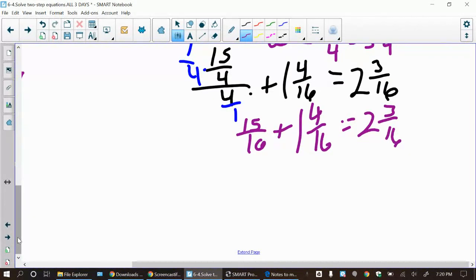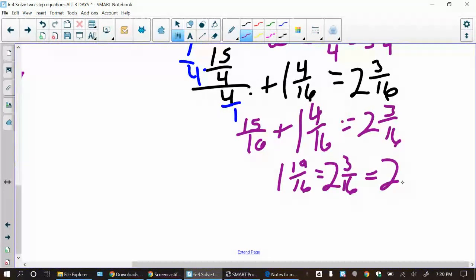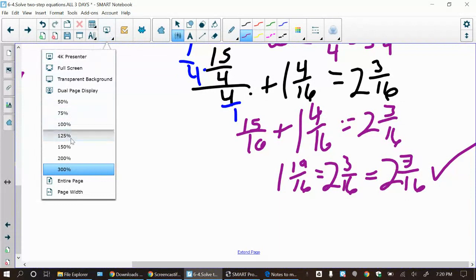Okay, well that makes 19. 1 19/16, so that's too much. So then that really is a 2 3/16, which is exactly what we are wanting to get on our other side. So yes, that one worked. That one took a little bit more work. That one was a challenge.